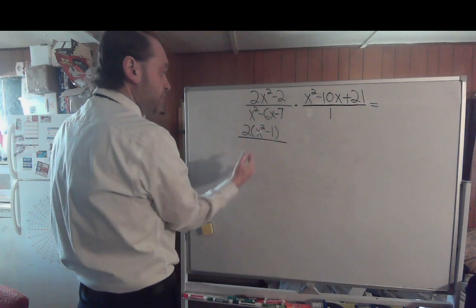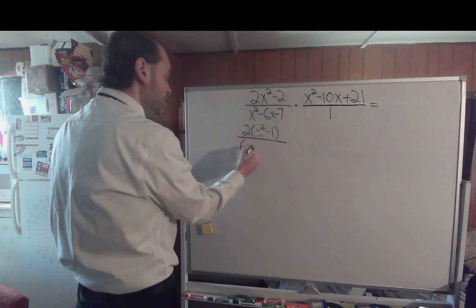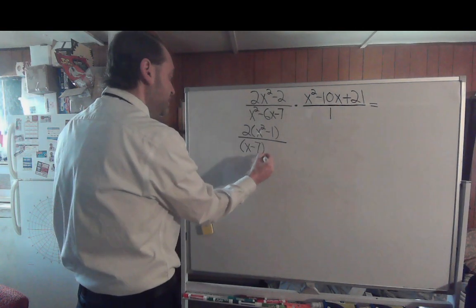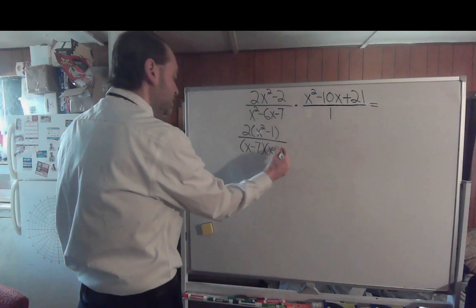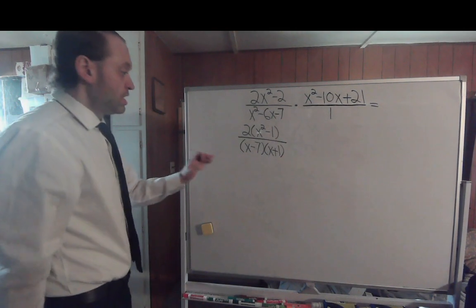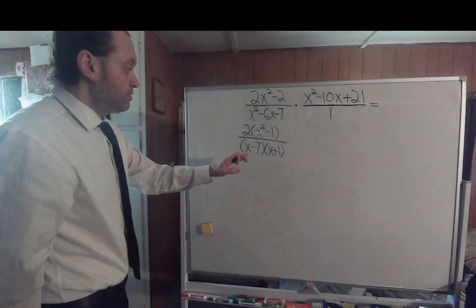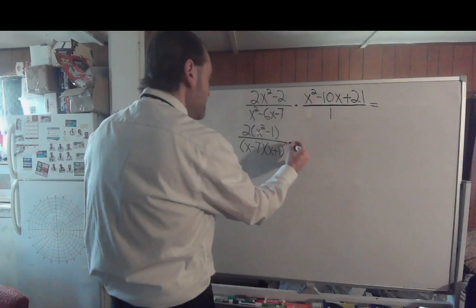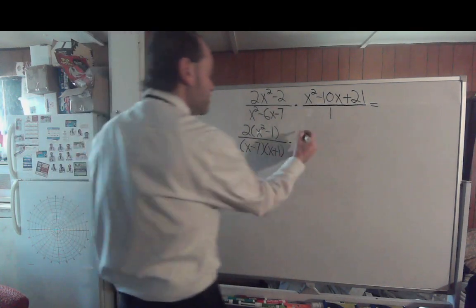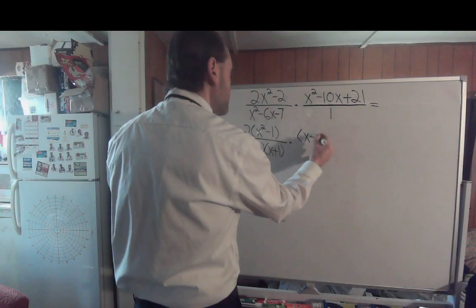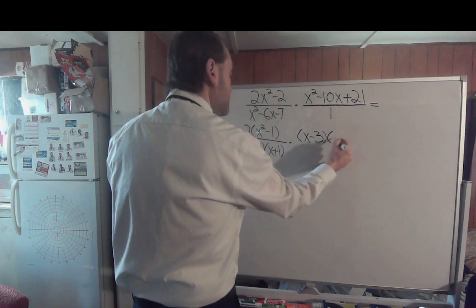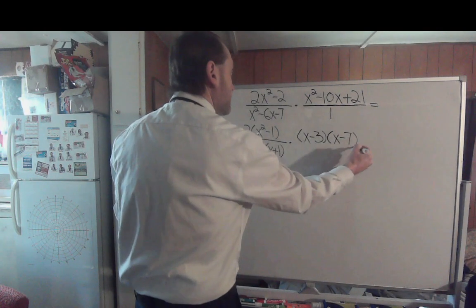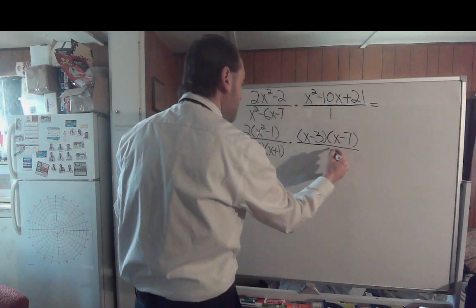So x squared minus 6x minus 7, that should factor into x minus 7 times the quantity of x plus 1. So yes, that would in fact give you what you need. And then factor in your second term. This should factor into the quantity of x minus 3 times the quantity of x minus 7 all over 1.